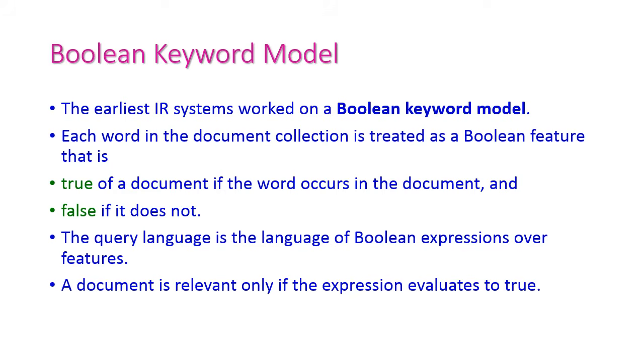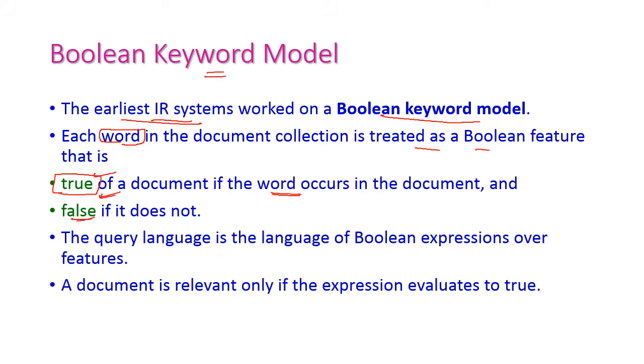Boolean keyword model. The earliest IR systems worked on this Boolean keyword model. Here each word in the document is treated as a Boolean feature. That means if the word occurs in the document, the value is true, otherwise it will give false.